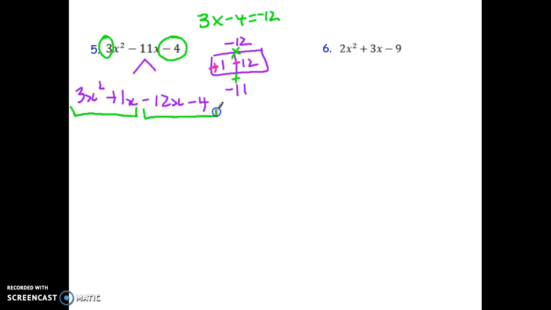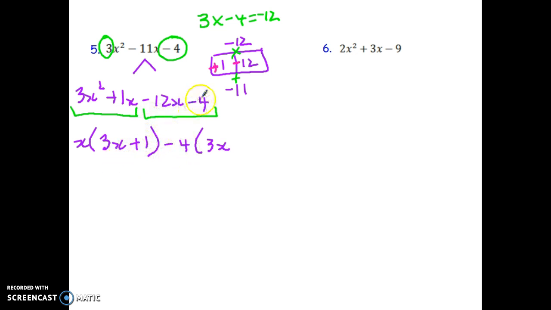Group my 4 terms into 2 lots of 2. My common factor here is just x, and I have a 3x plus a 1. My common factor here is going to be minus 4, and I have 3x. Keep in mind that I want to match this.